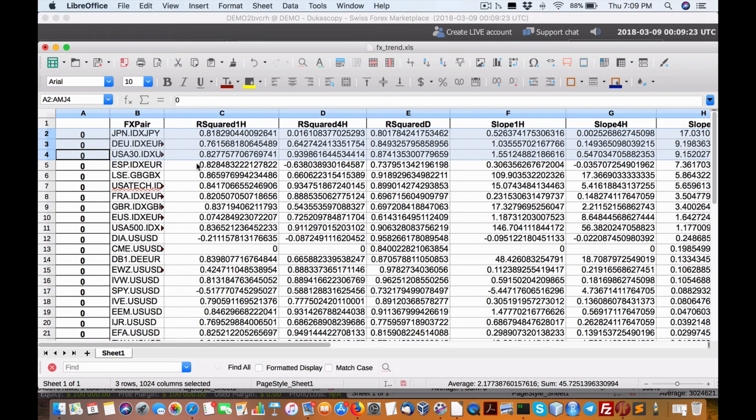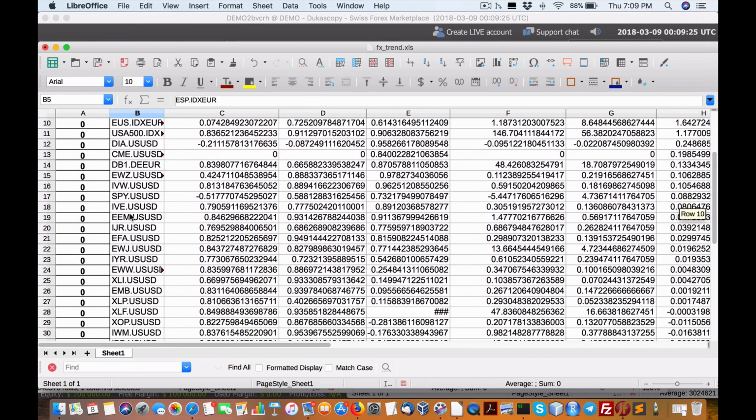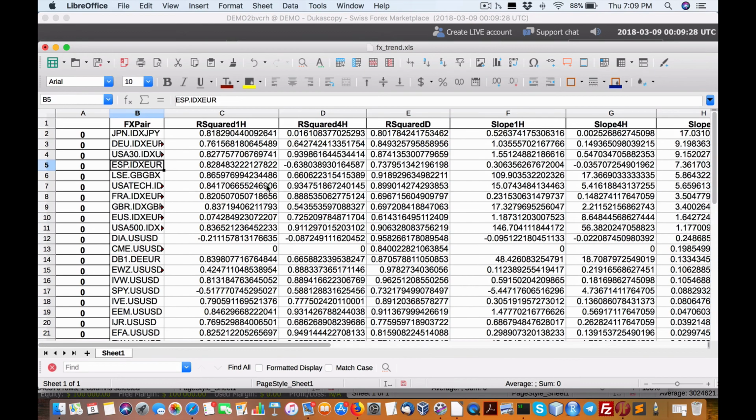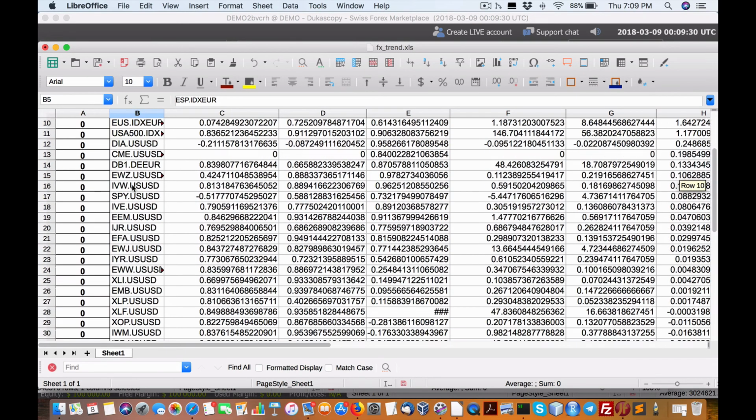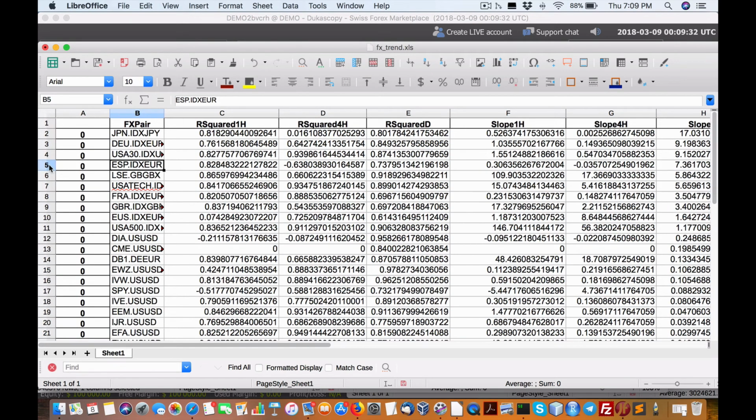So even though you can look at all these other instruments, which is fine, they may or may not be worthy of putting money into, as opposed to what we clearly identified. This one's good, the USA 30 and the US Tech as well. So it's good for that, but I would just stick with the top performers based upon this.